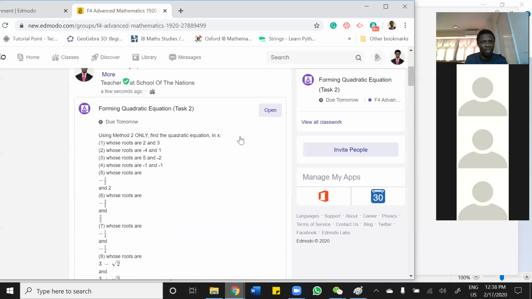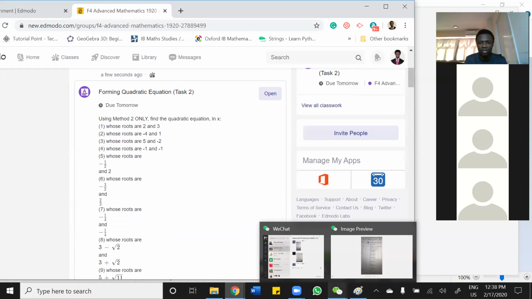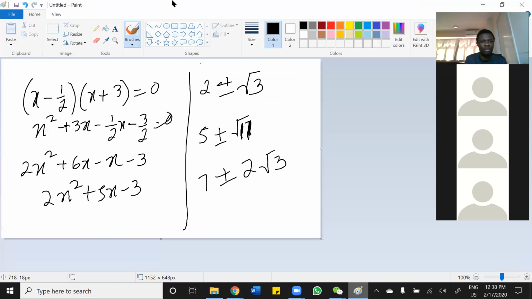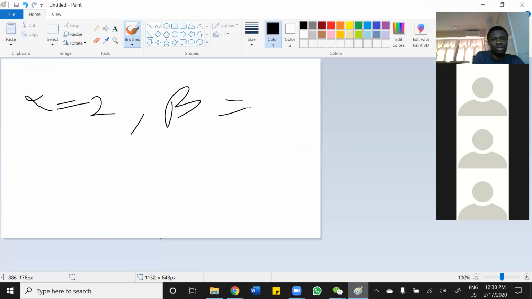Do we need to write like 'whose roots are'? No, you don't need to write that. Again, this is the question. You are meant to begin from that point. You're supposed to start with something like this: alpha equals, beta equals 3. That's your starting point. I said that in the example. Giselle, is that clear? Yes.